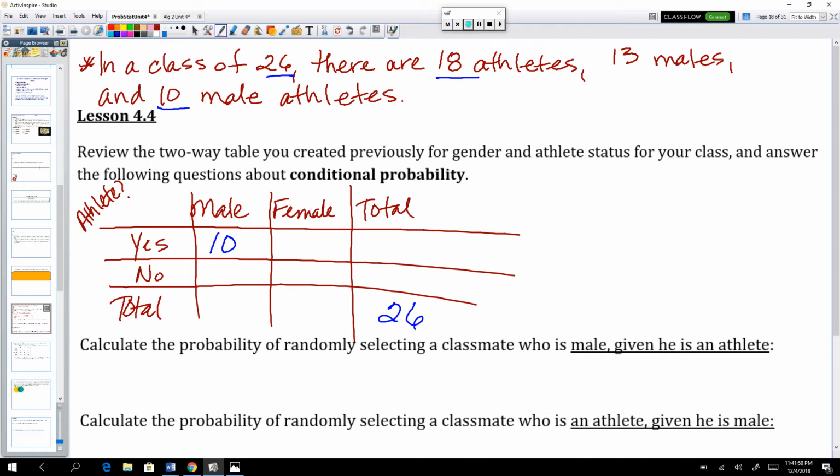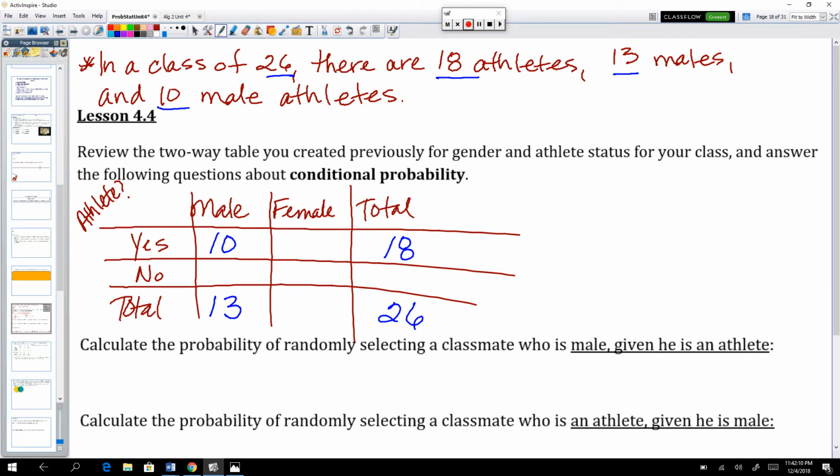And I know for a fact that there were 13 total males. So those pieces of information need to be permanently entered into your two-way table.